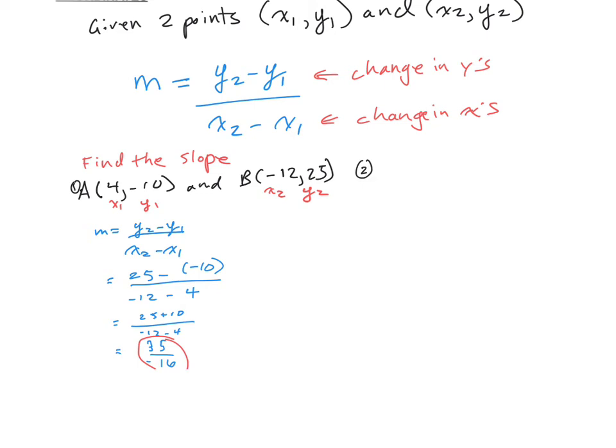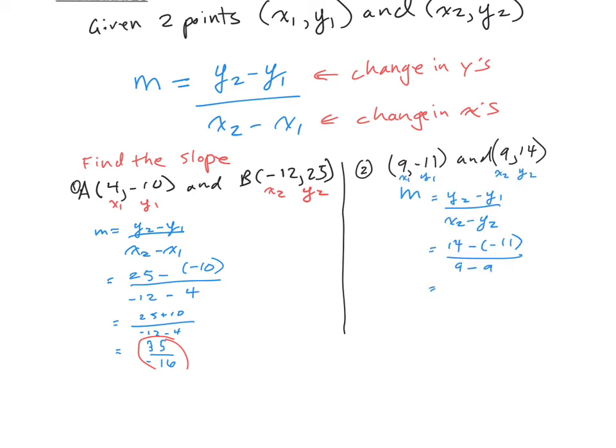Let's take a look at example 2. Example 2 is (9, -11) and (9, 14). We substitute into our equation like before.